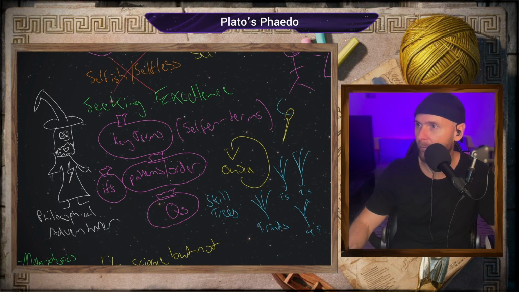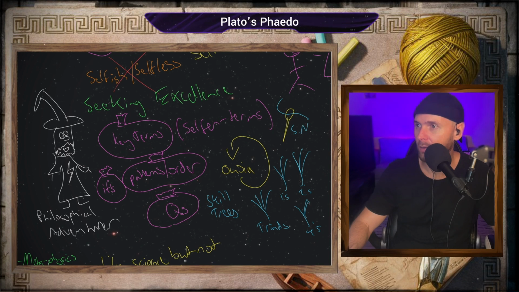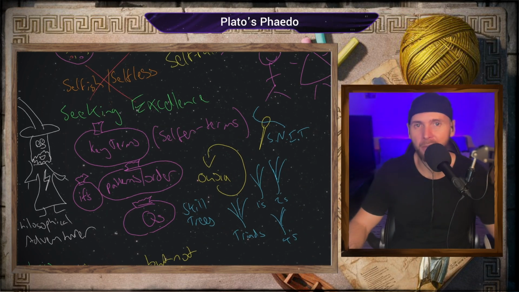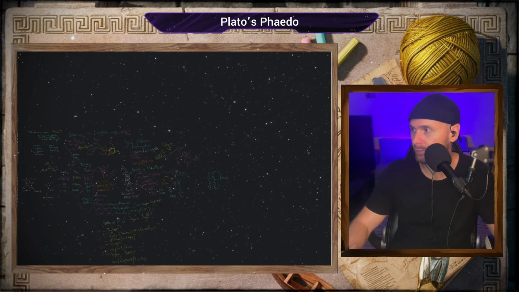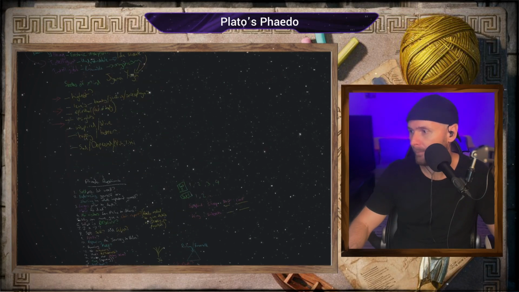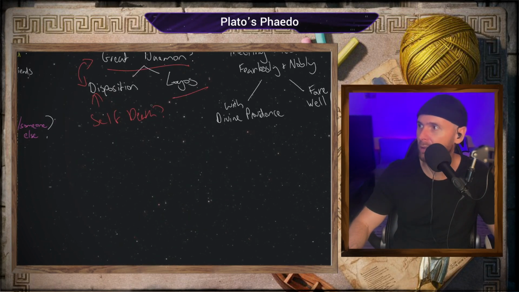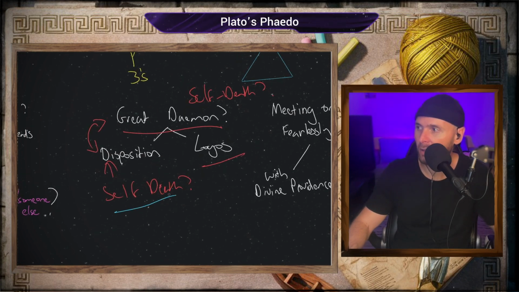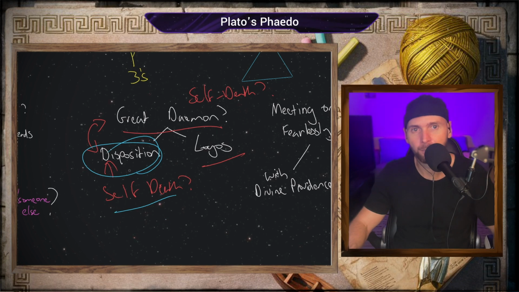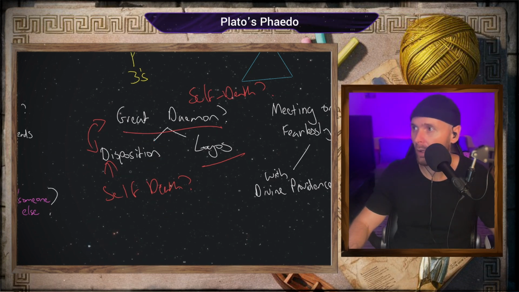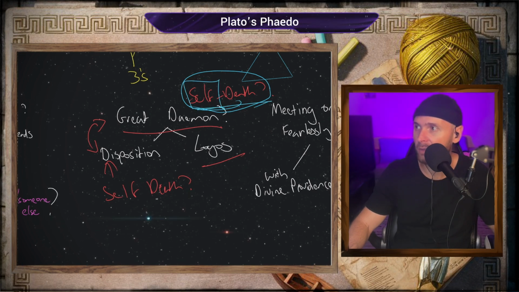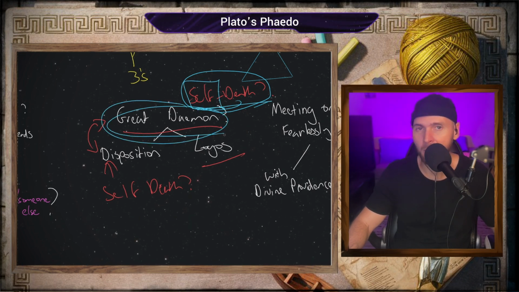We can use this, the sewing needle of infinite truths, SNIT, to weave together things that we've pulled out from the text, which is what we're doing now. So, can we weave that triad together? Do we need to experience for ourselves the self-death to be in the best state of mind? Interesting. Or do we need to experience for ourselves the self-death, die in the highest way so that we can become a great daemon ourselves?